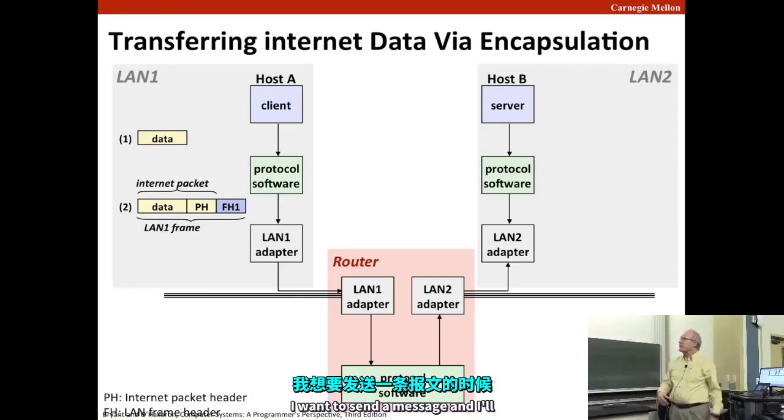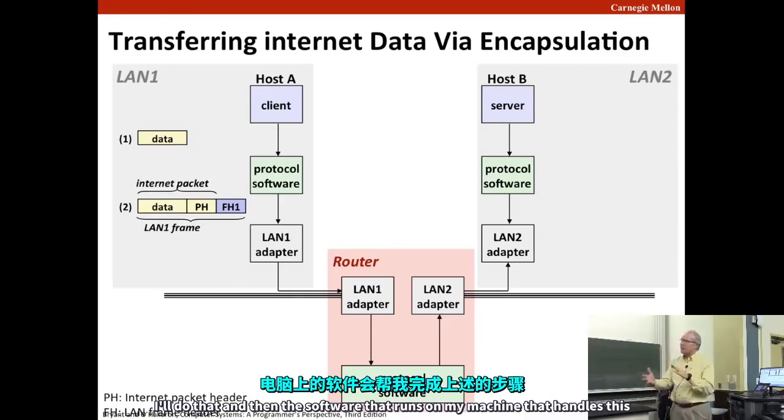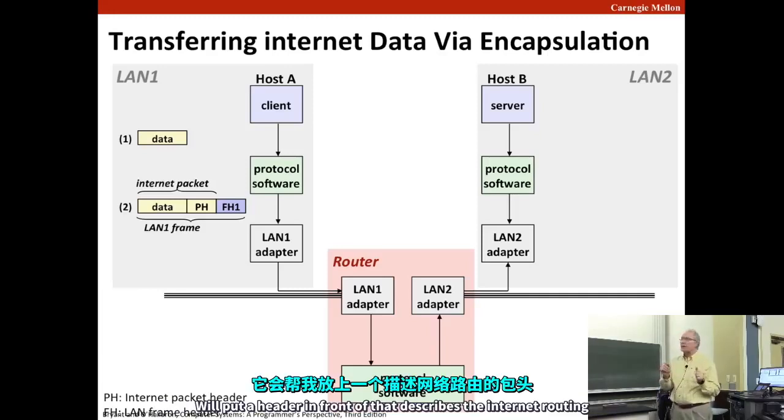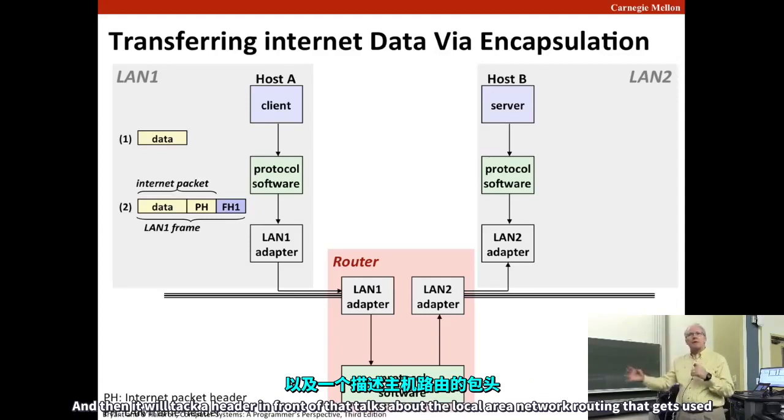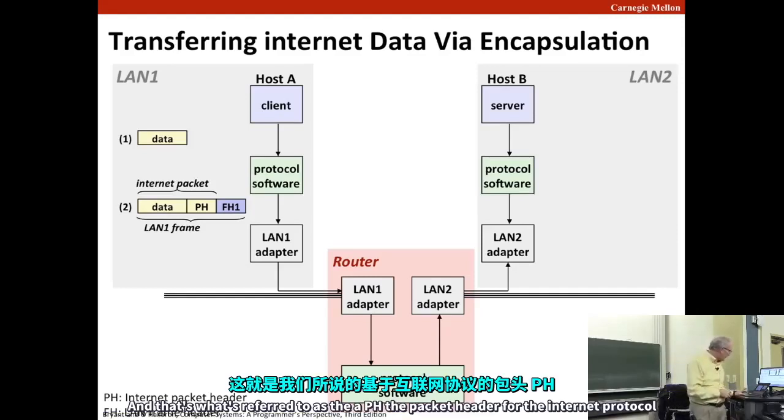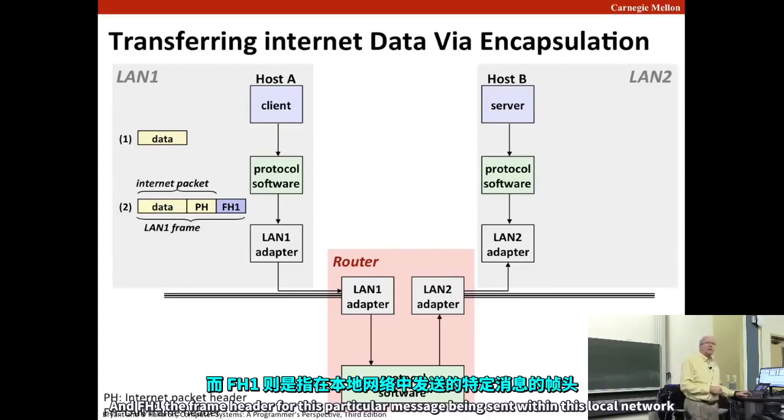So in particular, I want to send a message, and the software that runs on my machine that handles this will put a header in front of that that describes the internet routing, and then it will tack a header in front of that that talks about the local area network routing that gets used. And that's what's referred to as the PH, the packet header for the Internet Protocol, and FH1, the frame header for this particular message being sent within this local network.